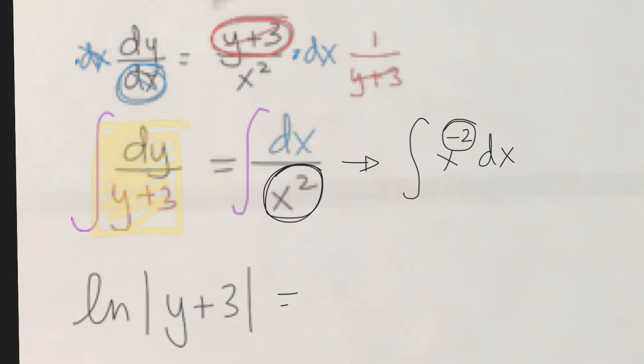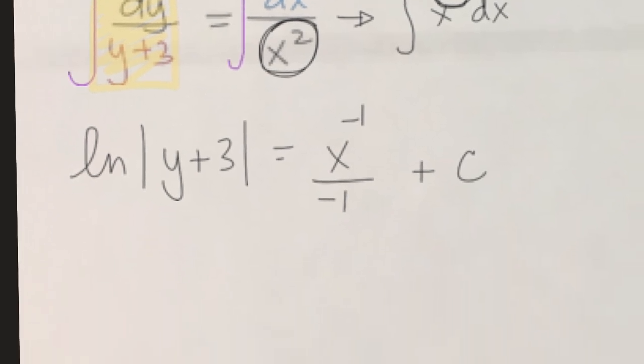Our rule says add 1 to our power and divide by your new power. So dividing by negative 1. Just to stay consistent with our rules, we add 1 to the power and we divide by the new power.